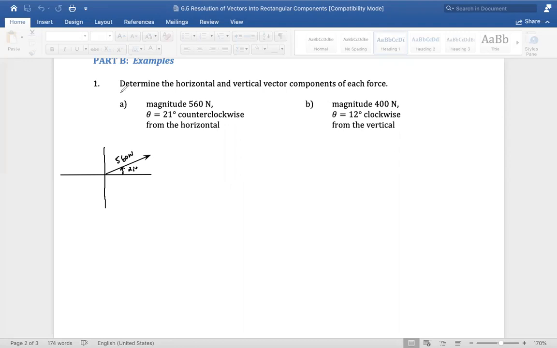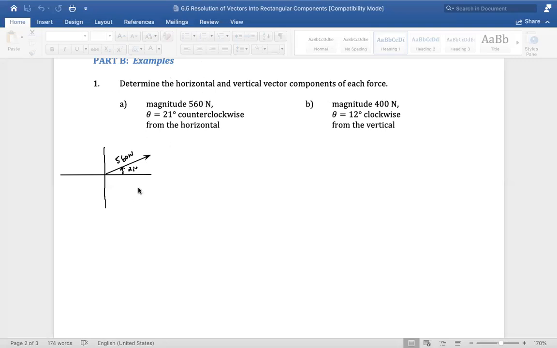And so what we're trying to figure out is our horizontal component of that vector and what our vertical component is of that vector. So when we are drawing one vector only, in the other questions we had two vectors that we were drawing, right? If I'm drawing one vector only, then I don't need to worry about a scale. So let me try to color code this here.